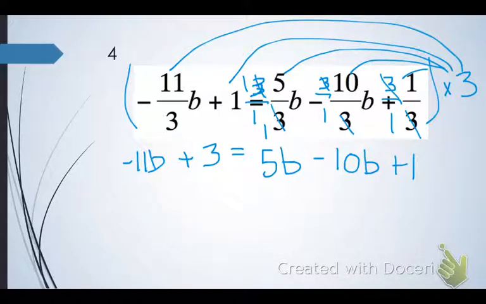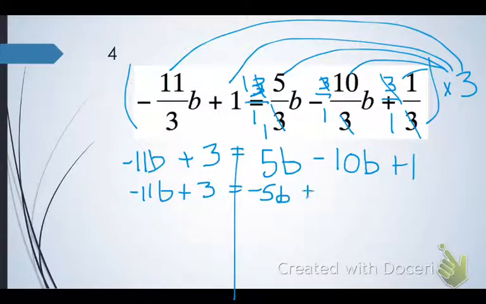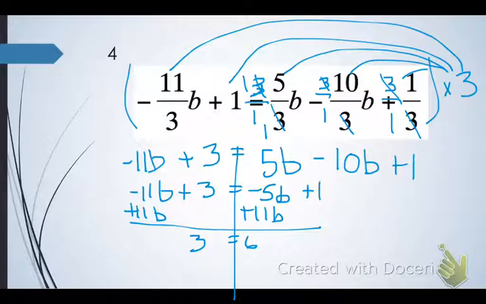Combining like terms. Nothing on the left that I can combine. However, on the right, 5 minus 10b gives me negative 5b. I'm going to add 11b to both sides. 3 equals 6b plus 1.